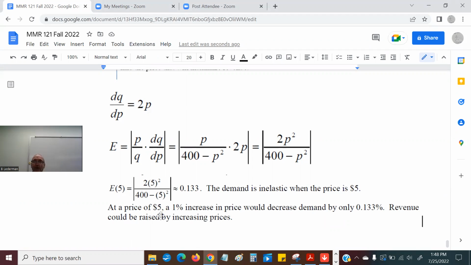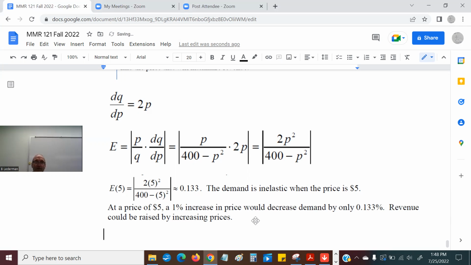At a price of $5, a 1% increase in price would decrease demand by only 0.133%, which is not a lot. The revenue could be raised by increasing prices, and that's what we saw in that original table. If the demand is inelastic, meaning that E is less than 1, then the revenue increases when you increase the prices.